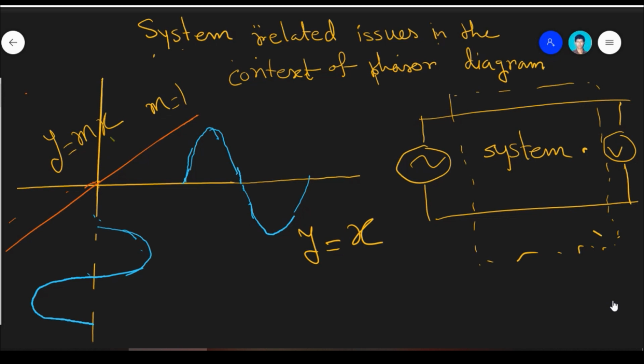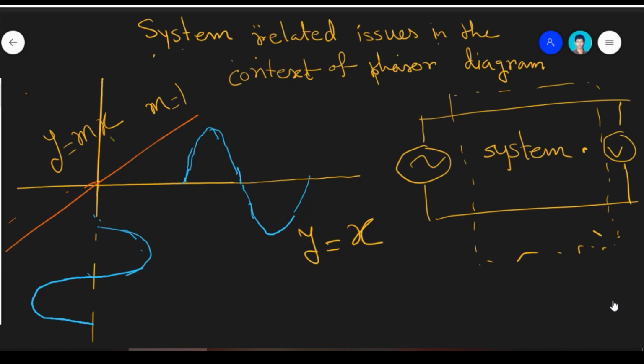Fine. Now, what would happen if we replace this y is equal to x by something else? y is equal to x is an example of a linear system, or any system that is governed by the equation y is equal to mx is an example of a linear system.